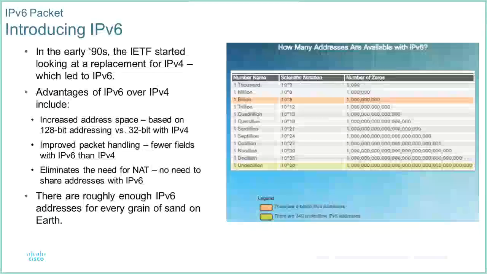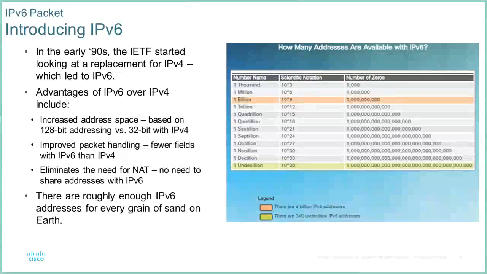Currently, we only use 64 bits for network addresses, and the last 64 bits are for the individual devices on each network. Now, how we represent that does change a little bit, but that's the rough general rule of thumb.